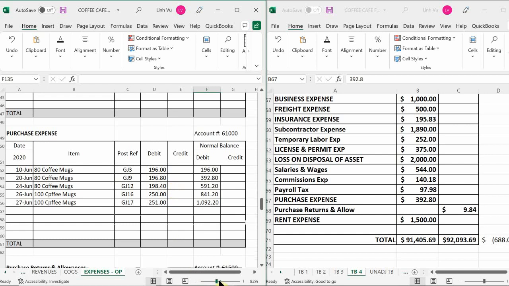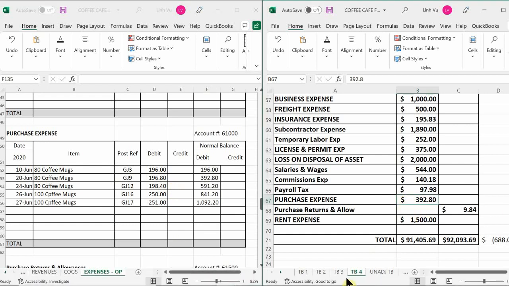Purchase expenses. What's my current purchase expense? $1092.20.